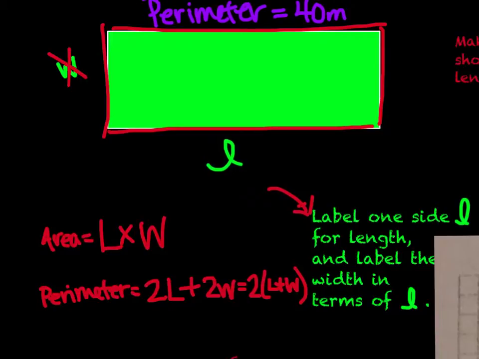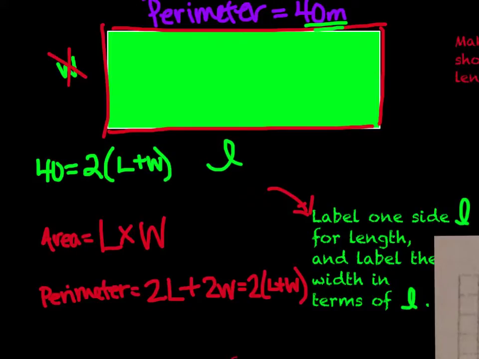If we look at our perimeter, we have 40 meters. So our perimeter is equal to 40 meters, and that is two sets of our length plus our widths added together. Two sets of it.